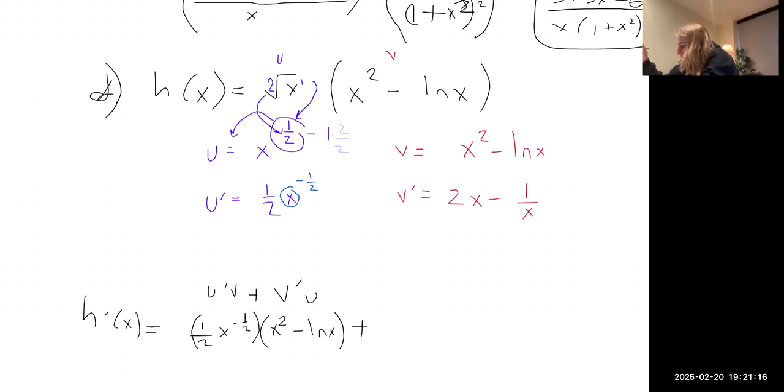Let me write that. I don't think I have that in my notes. Okay. Plus V prime, which is 2x minus 1 over x, times U. My U's and V's look the same in my notes.